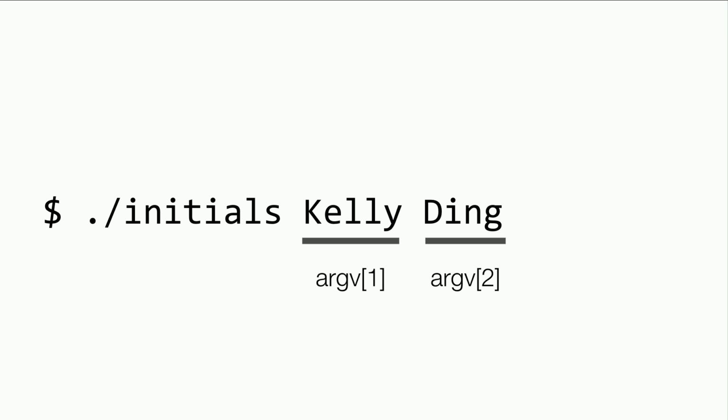And then because these are strings, if I wanted to get the actual letters within that string, I can do argv[1], which is Kelly, and then at index 0, it's the first letter, which is K, and then similarly with D.